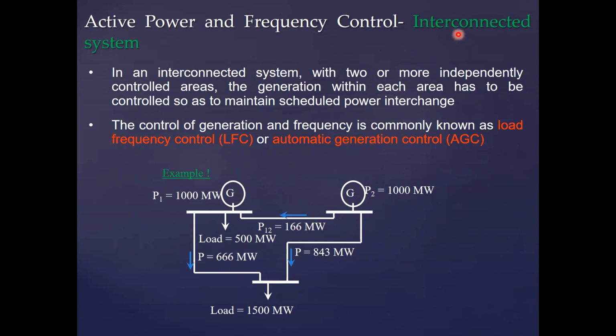So in the interconnected system you have two or more independent control areas, and the generation within each area has to be controlled. That means you regulate the output power from the generators in the individual areas here.